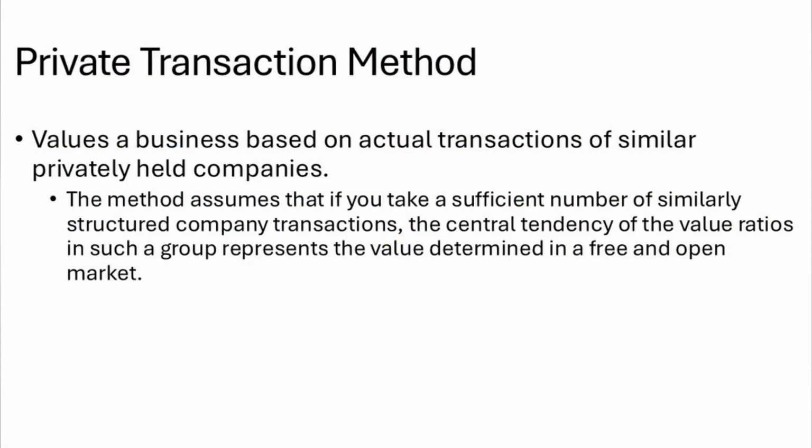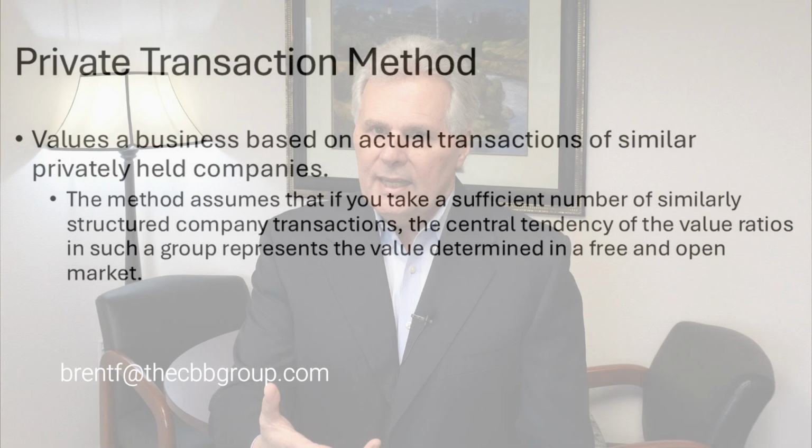The last approach that we're going to review is the private transaction method. Now, this values a business based on actual closed transactions of similarly held privately companies. And the data here is all important. Usually when I'm looking at using this method or approach, my biggest obstacle is finding enough data to run a statistically valid model.